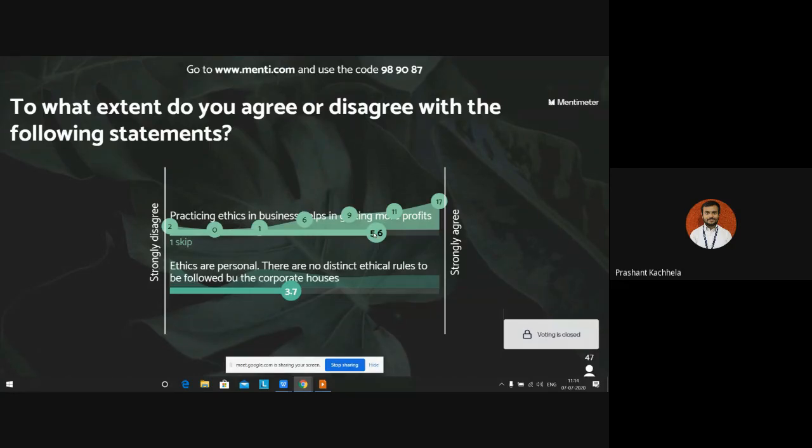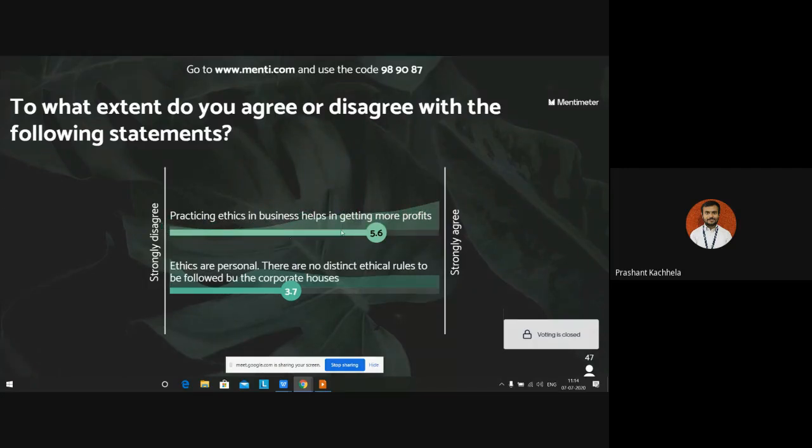Majority of you are thinking that yeah, and you can also check here, there are 17 people who voted that they strongly agree with the statement. It is the highest side. And there are two people who think that they strongly disagree. Practicing ethics won't lead you to more business profit.